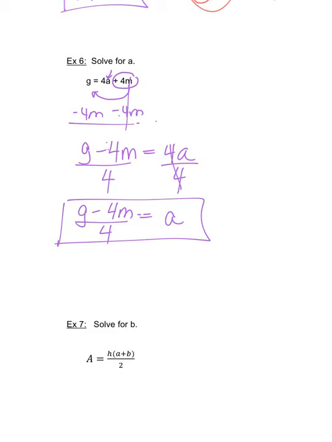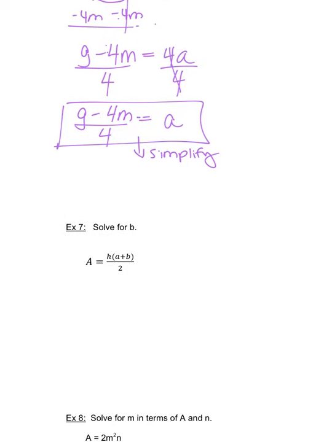Now, there is another answer to this, and that is you can simplify this. If you simplify this, just be really careful. The answer is not g minus m. You're not allowed to just cross out the 4's. What you need to do if you're going to simplify this, and again, it's optional, is you have to divide the 4 into both terms because you have a minus sign here.